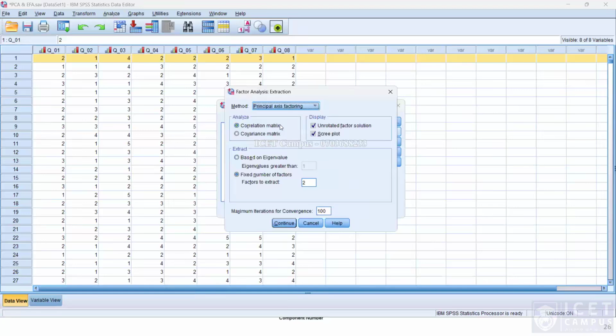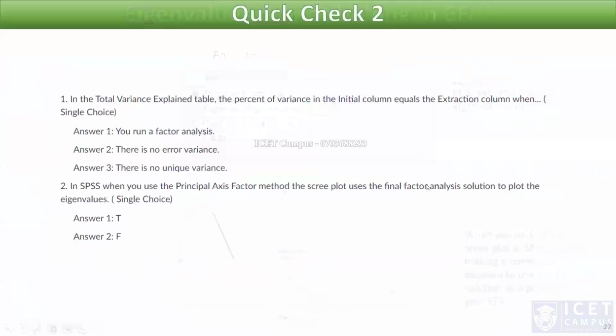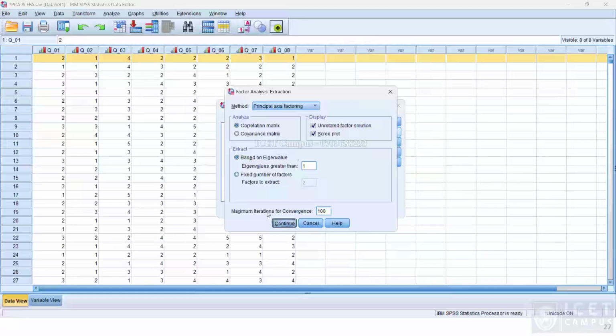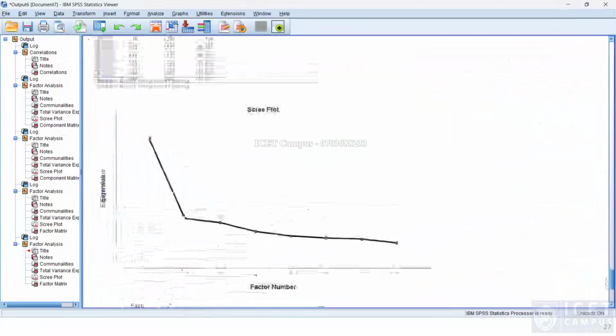Then based on the eigenvalues, eigenvalues greater than one. It is going to combine based on the eigenvalues, then we can continue.